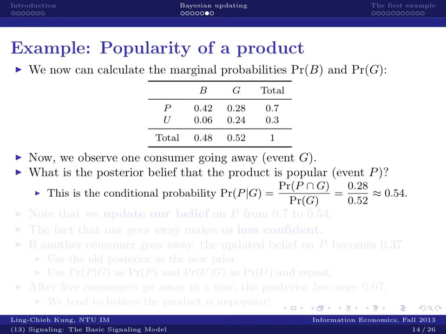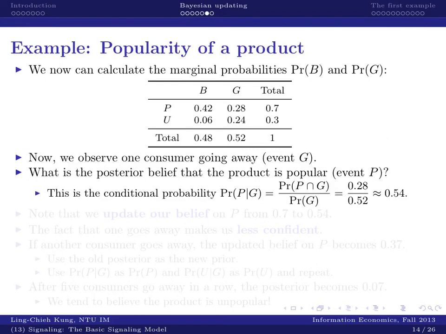It will be exactly 28 over 52, right? If G happens, there are two possibilities, either P or U. And when G happens, inside G, P counts for around 54% of possibilities.